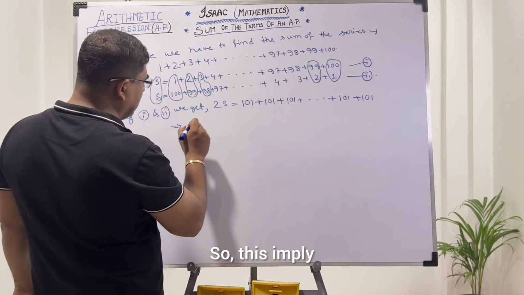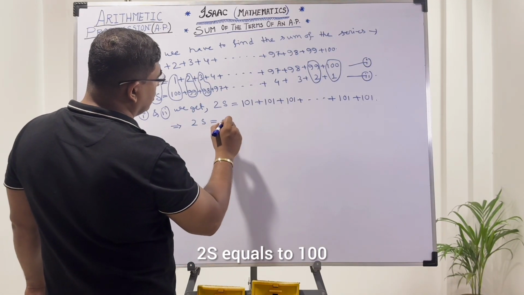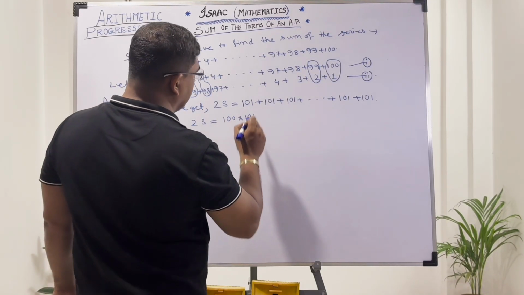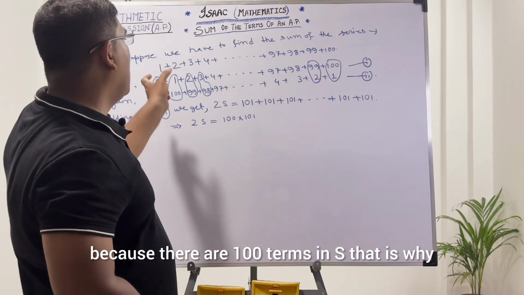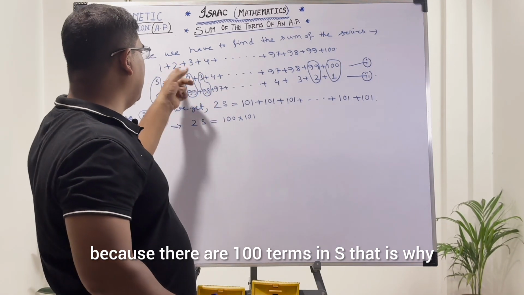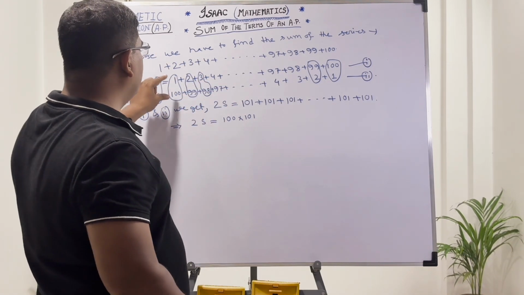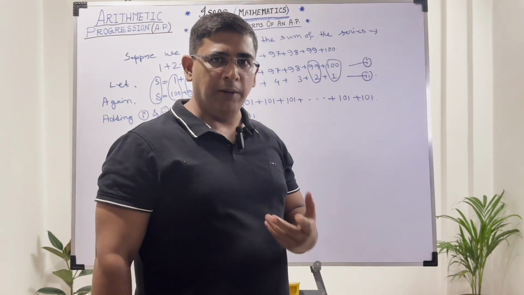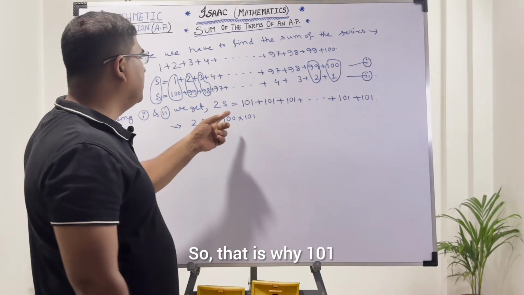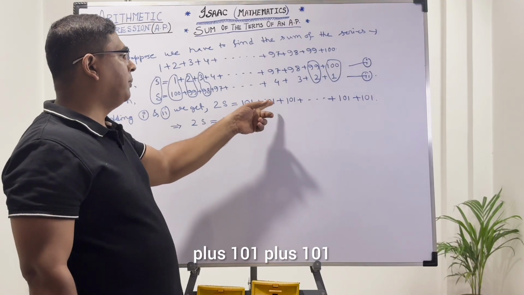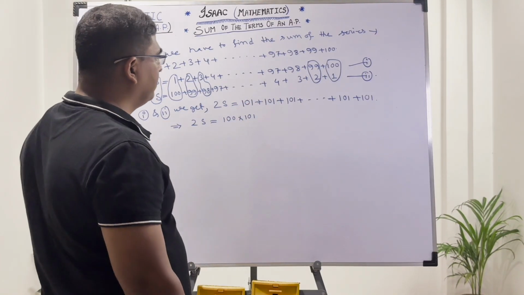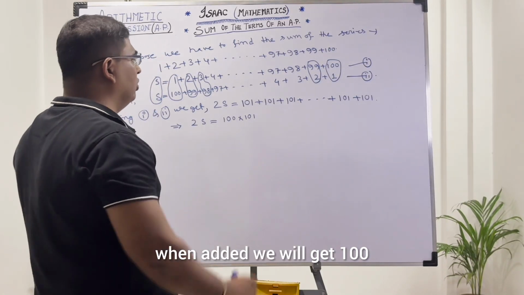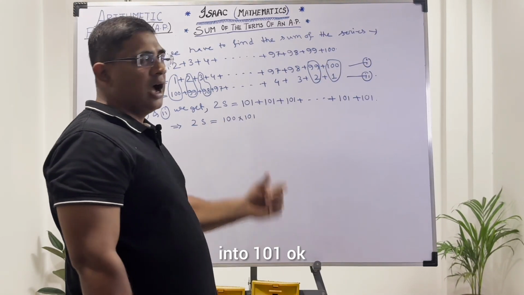So, this implies 2S equals to 100 into 101 because there are 100 terms in S. That is why we will get 100 pairs of terms. So that is why 101 plus 101 plus 101, when added, we will get 100 into 101.